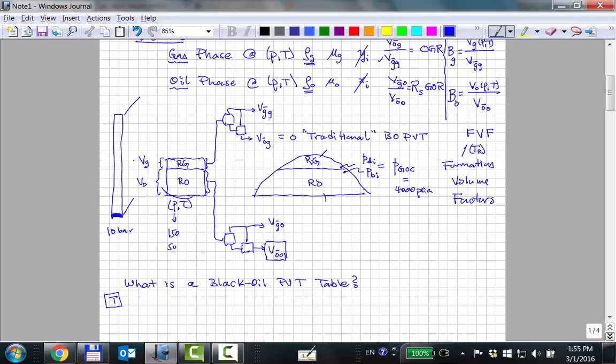But what happens is that even in this reservoir, even if the composition of oil is constant with depth, which it might be, the pressure versus depth is going to look like this.